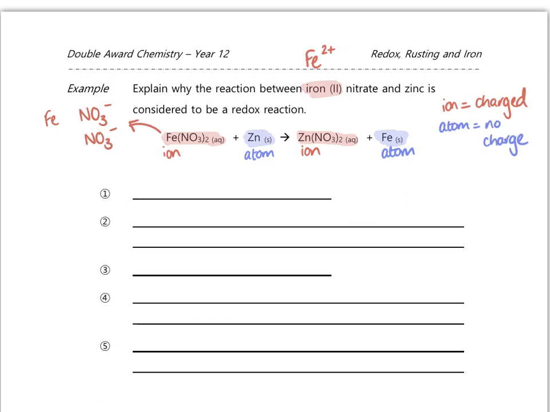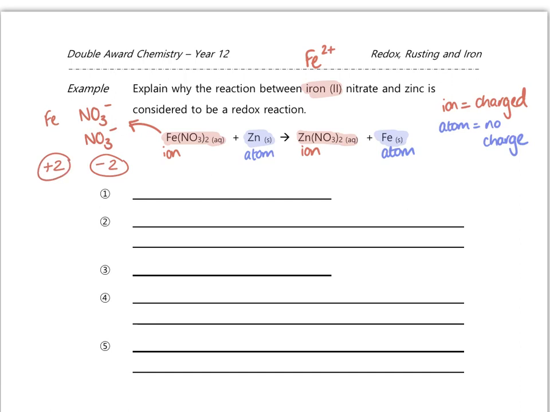So each of those nitrate ions has a charge of -1. That gives us an overall charge of -2. So we need to think, well, what charge must the iron ion have to balance out or cancel out that charge? Therefore, it must have a charge of +2.